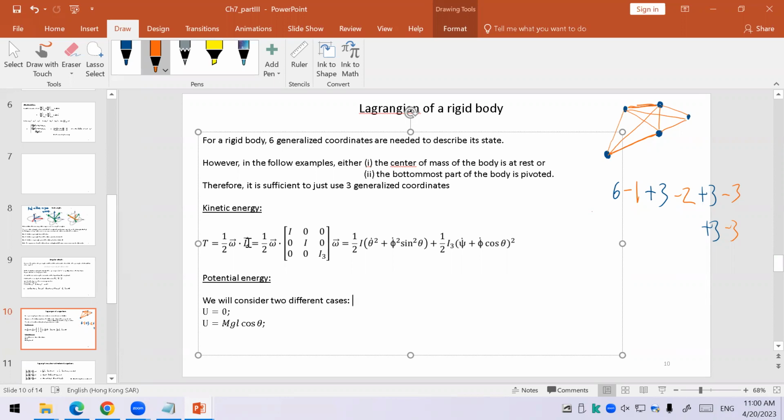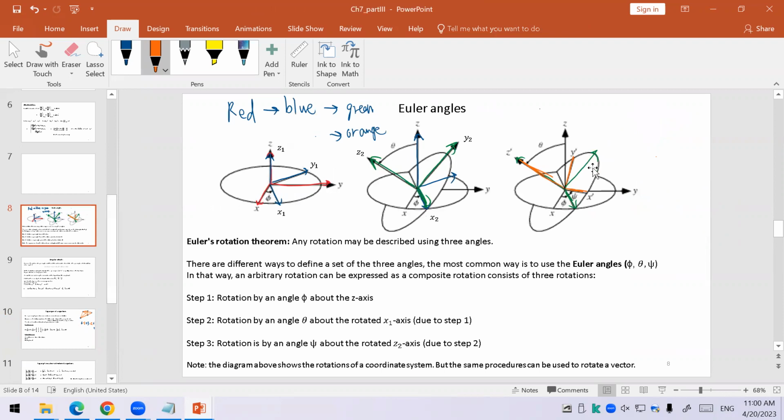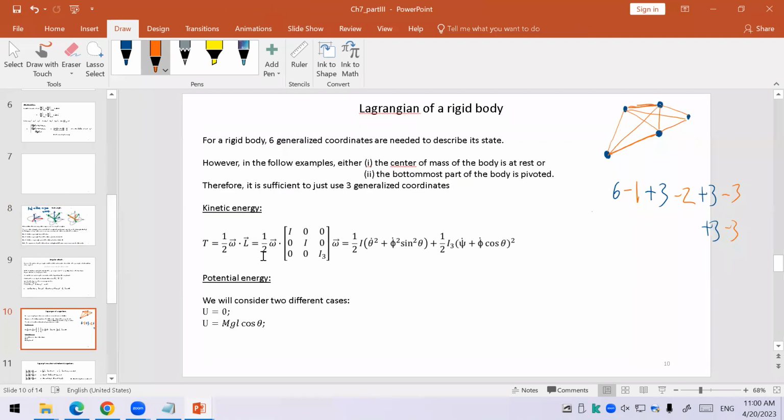Now when we do this, remember the coordinate axes are always overlapping with the principal axes of the body. So therefore, again, I can write it as this diagonal matrix. So this is the expression for the kinetic energy.